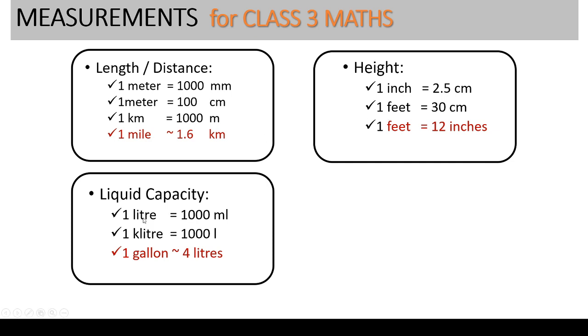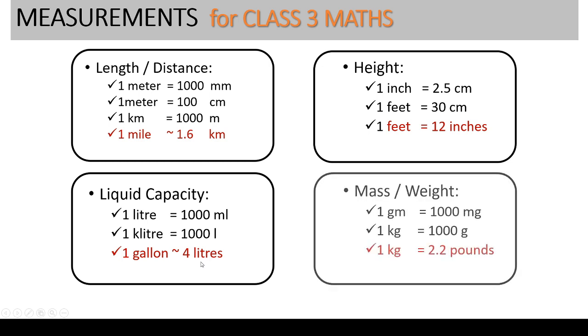Now here 1 liter, which is again the standard unit for measuring liquid capacity, is equal to 1000 milliliters. Remember, milli is equal to 1000. And 1 kiloliter is equal to 1000 liters. Now there is another measuring unit for liquid, which is also called gallon, which is approximately equal to 4 liters.